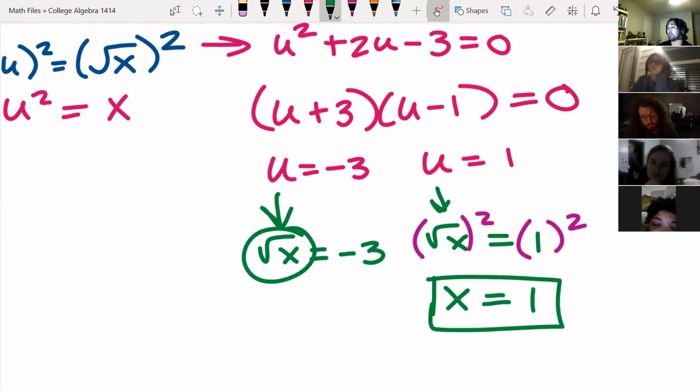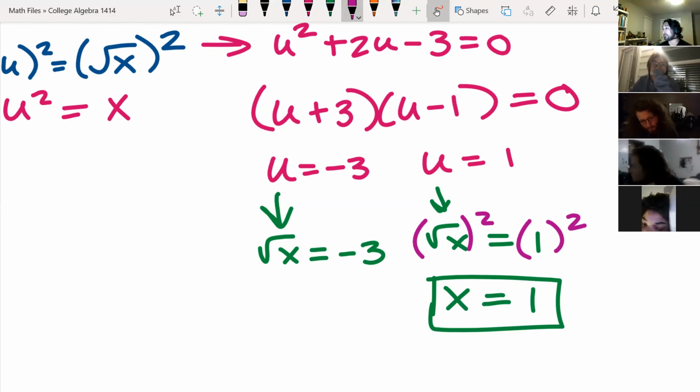If I take the square root of any number, am I ever going to get a negative result? Never. So I'm not even going to bother with this answer, because nothing negative should ever come out of a square root. So this is going to be our extraneous solution.